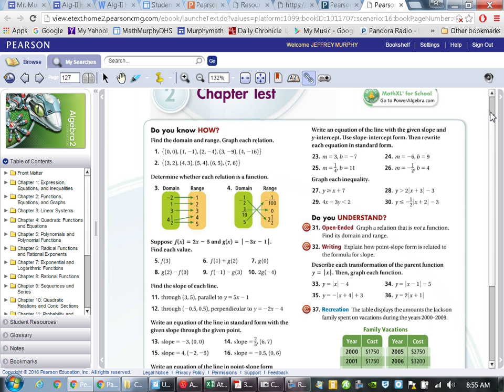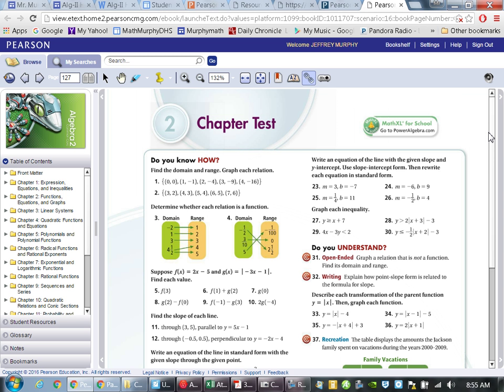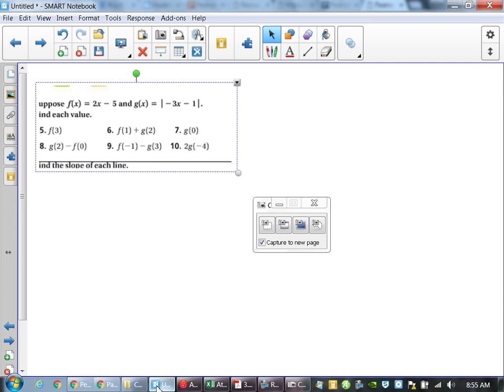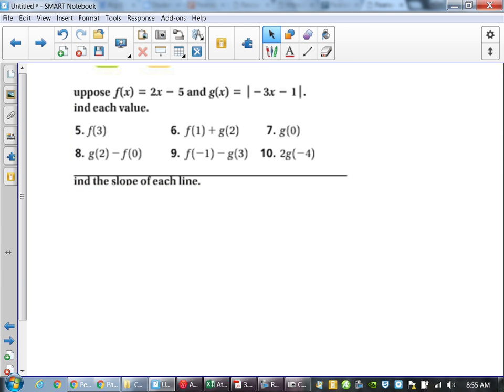Function notation. This is a huge thing. You see it a ton on standardized tests. Function notation, when you see stuff like this, is nothing more than direct substitution. What they're doing here is giving you two separate equations.